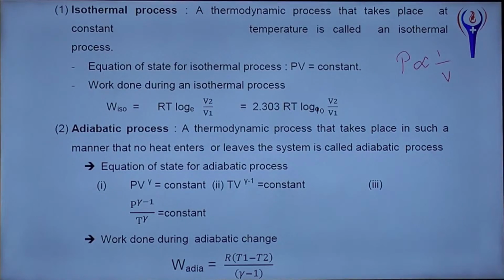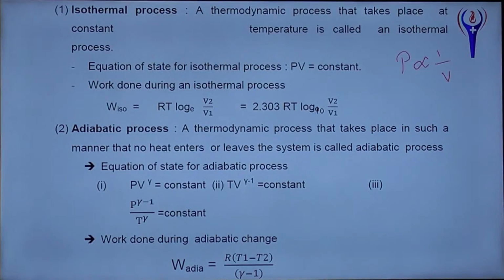But nowadays we use calculators, so there is no need to convert this, but in olden days we knew only the log table. In the log table, only log to the base 10 was there. Then for the natural logarithm, that is log to the base e, there would be a need to convert it to log to the base 10.